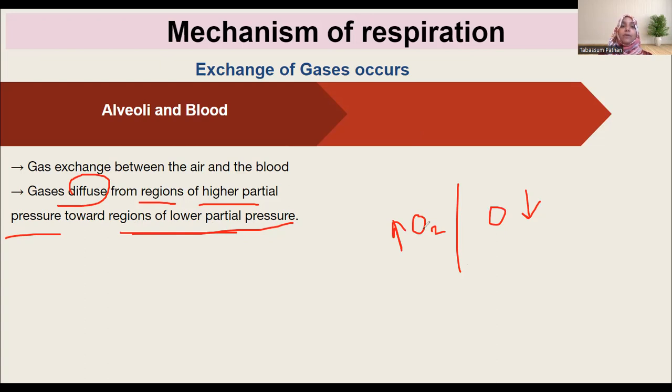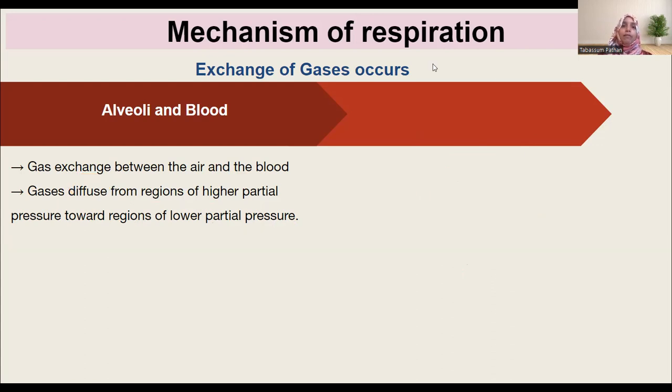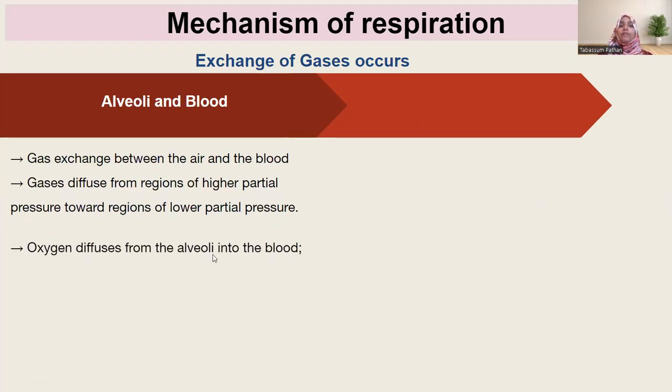The partial pressure of oxygen is more on this side, so automatically it will move to the other side, as simple as that. So oxygen diffuses from the alveoli into the blood. The partial pressure of oxygen is higher in the alveoli because you have freshly inhaled air, so from the alveoli it will go into the blood.